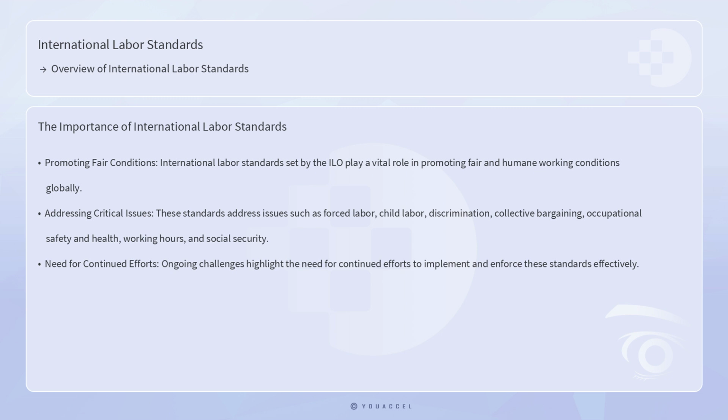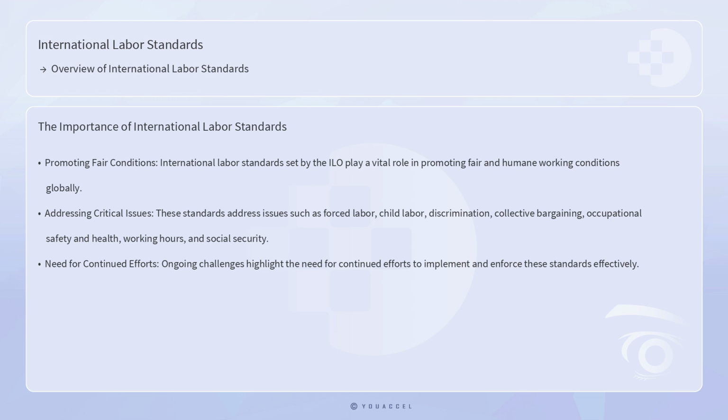In conclusion, international labor standards set by the ILO and other bodies play a vital role in promoting fair and humane working conditions globally. These standards address critical issues such as forced labor, child labor, discrimination, collective bargaining, occupational safety and health, working hours, and social security.